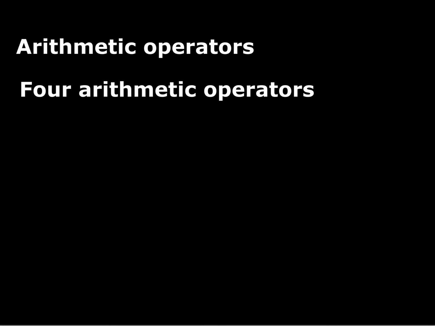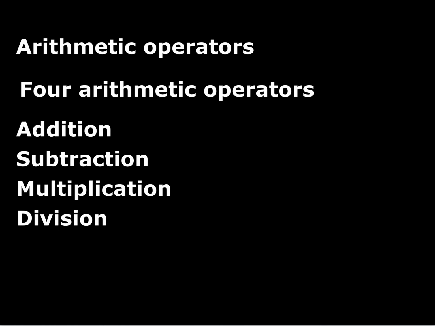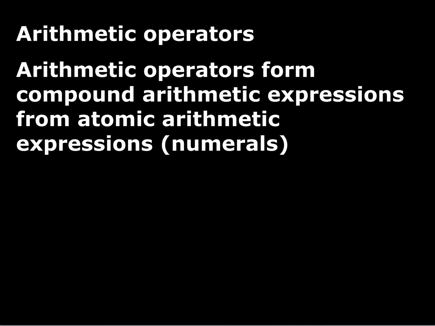So there's 4 big arithmetic operators that everyone's familiar with: addition, subtraction, multiplication, and division. These arithmetic operators can be used to form compound arithmetic expressions from atomic arithmetic expressions, which are just numerals.